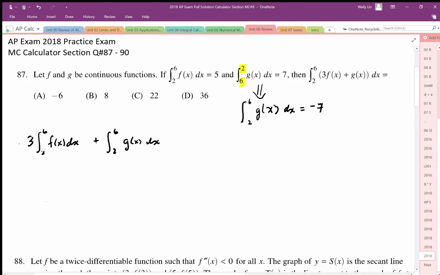And so evaluating this expression, this becomes 3 times the integral of f, which is 5, plus, when I integrate from 2 to 6, the integral of g of x is going to be -7. So then the sum is 15 minus 7, which is 8. So the answer is B.